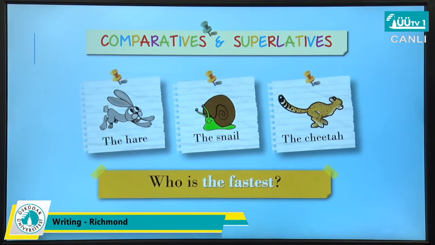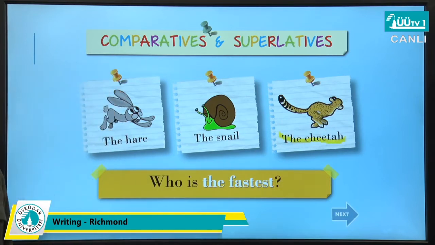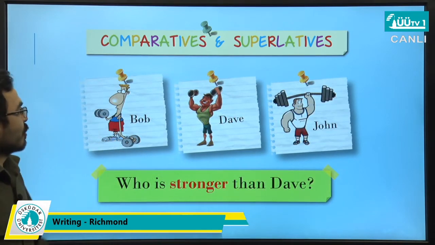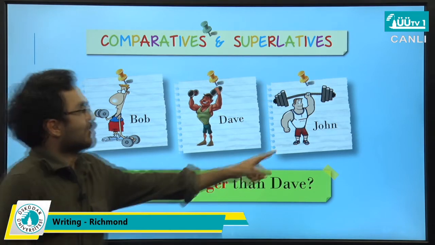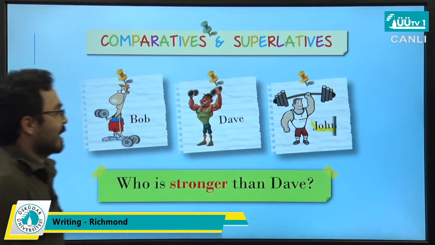Who is the fastest? The cheetah is the fastest animal in the world, we can say, as an example. Who is stronger than Dave? I guess John is stronger than Dave.